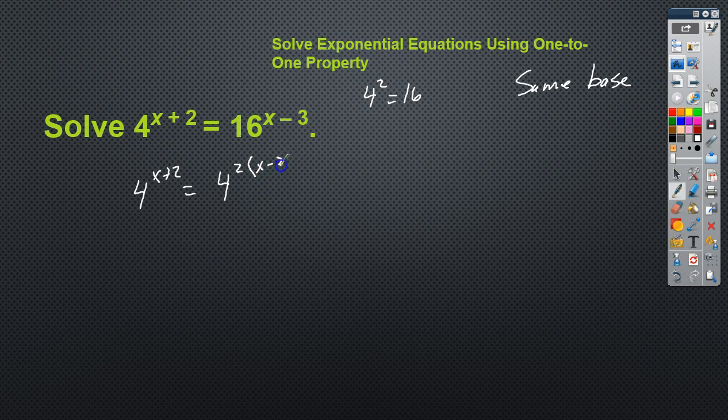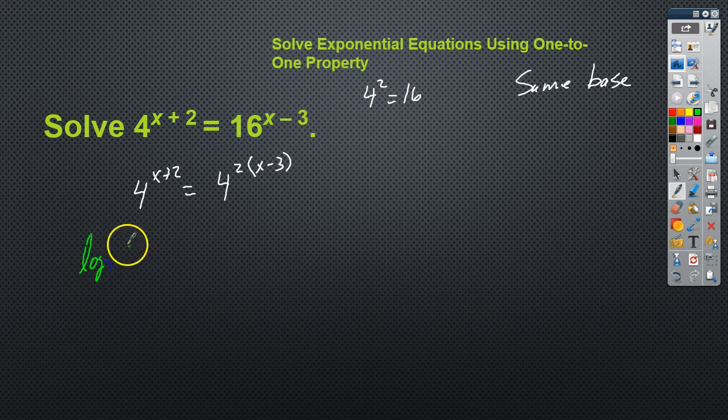Now how do I treat that exponent of x minus 3? It's a multiply. And I can go ahead and solve from here. Now I see I have the same base. Since I have the same base and set them equal to each other, the actual math step is taking the log to both sides.